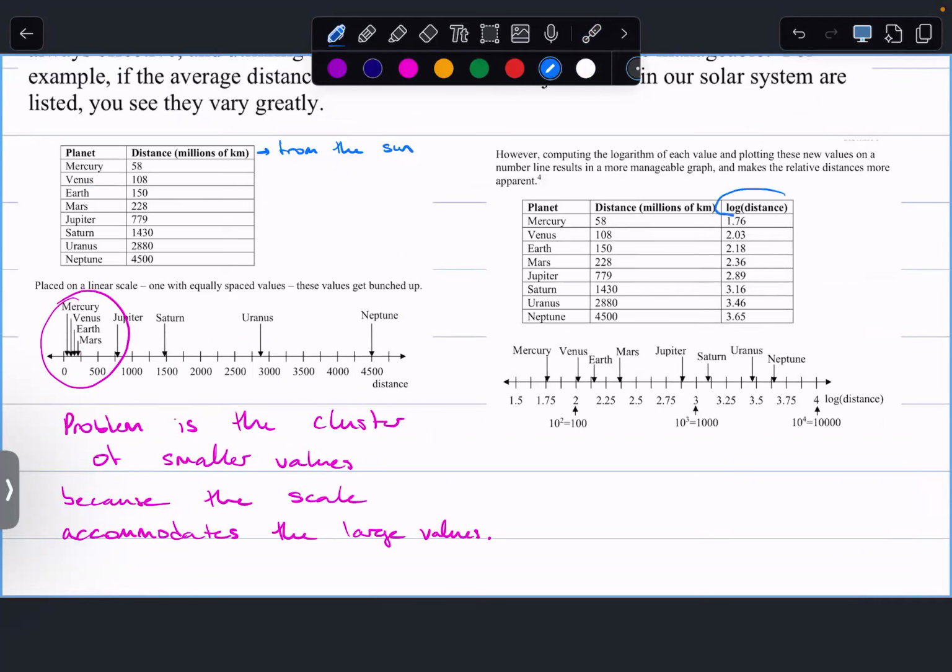So here, now log is log base 10 of the distance. So now, I'm gonna latch on to Venus here because it's 108, which is nice, right? Because then log base 10, let's look at this one here.